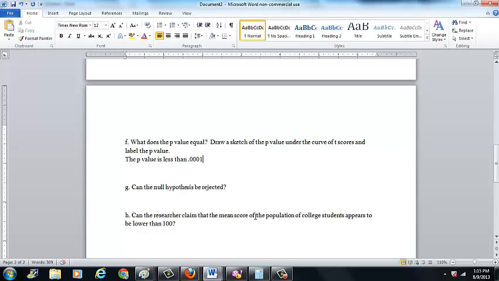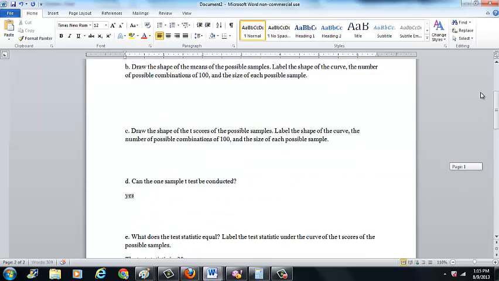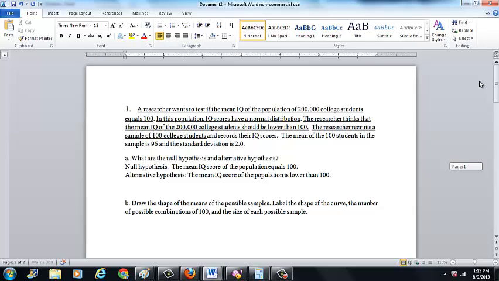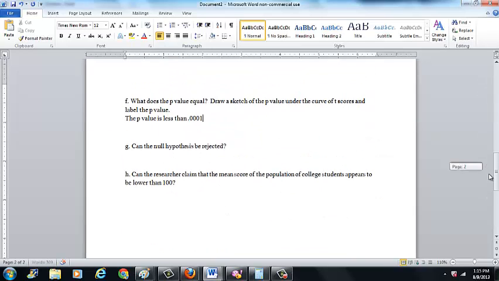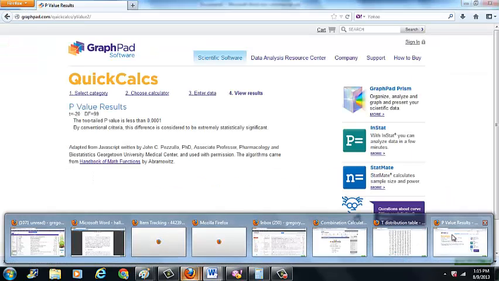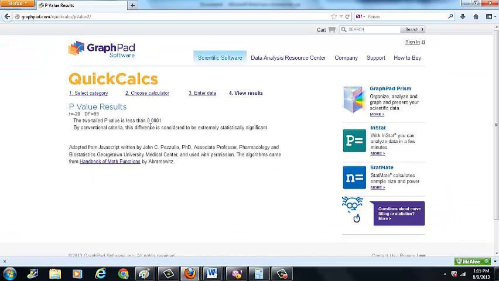We're doing a one-tailed test because of our alternative hypothesis. And in a one-tailed test, you're actually supposed to change the p-value from this calculator, because this says the two-tailed p-value is less than 0.001.